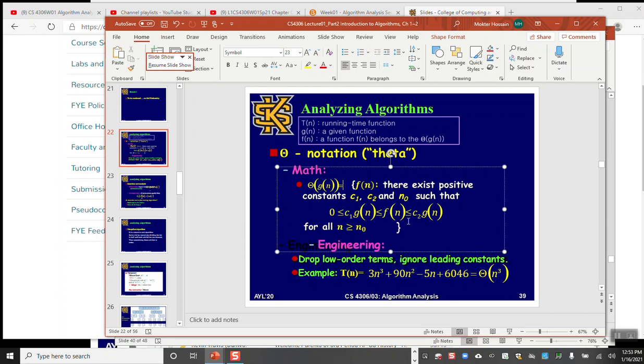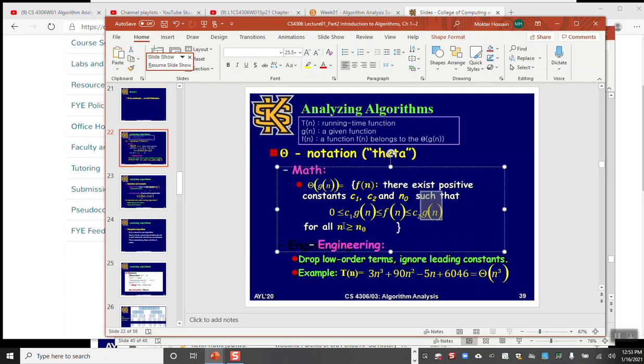So c1 times g of n is less than or equal to f of n, and that is again less than or equal to c2, another constant, times g of n.